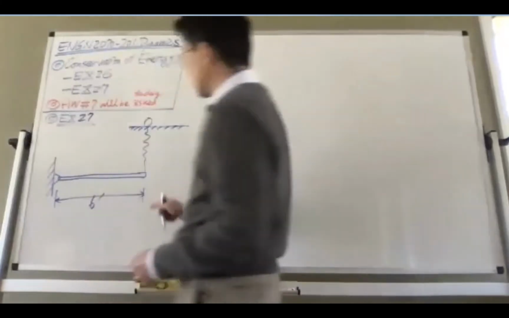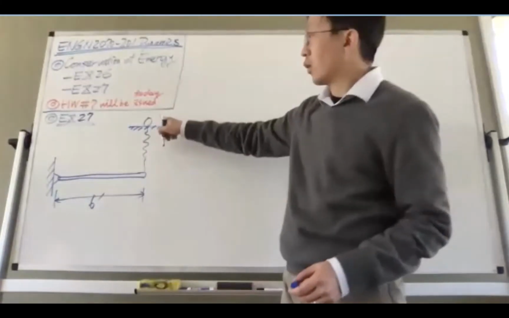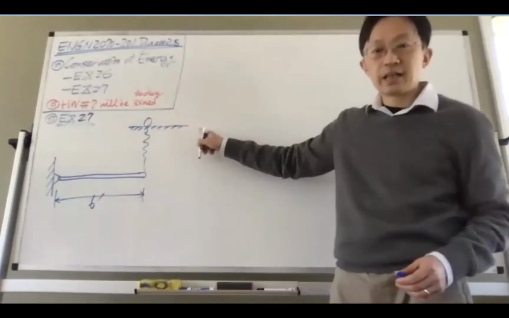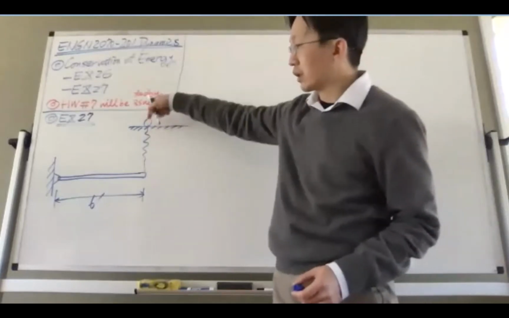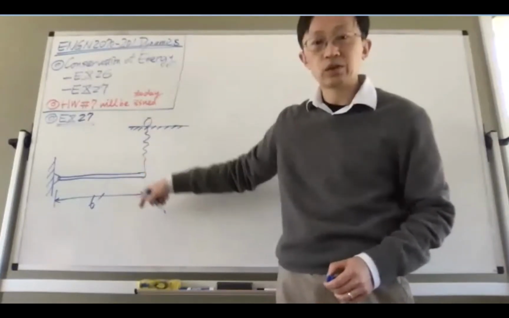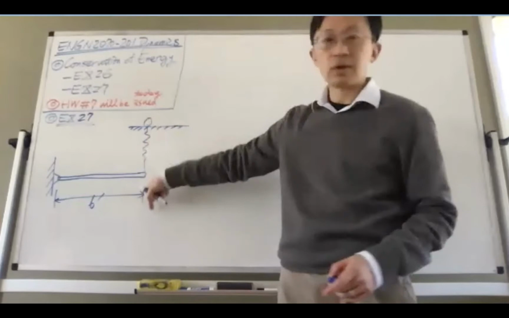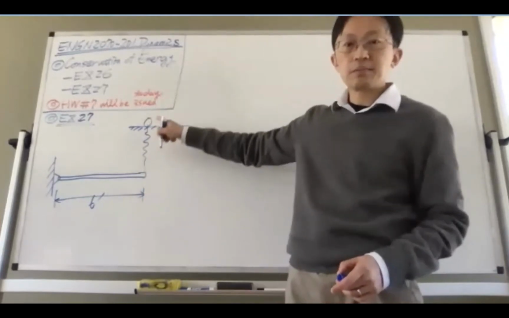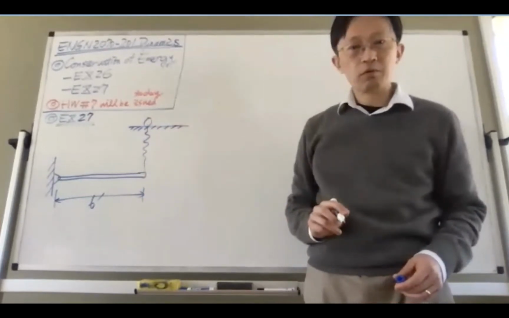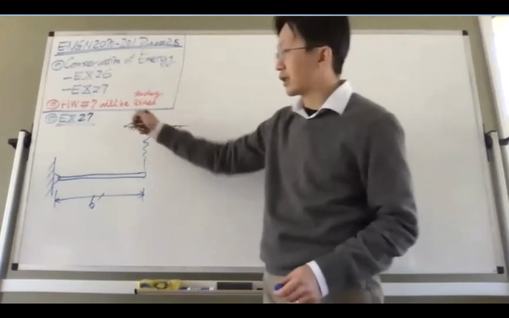So the other end of this vertical spring will be kept at this level, which means that the spring can only be stretched in the vertical direction from this point downward. And this point can never move vertically. Horizontally, you can certainly move.